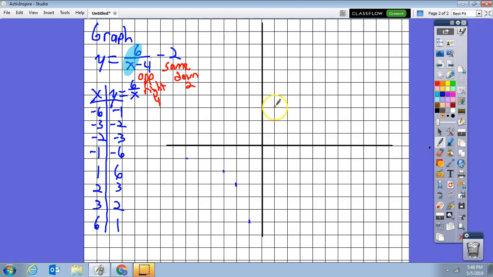And then on this other side you have (1, 6) here, (2, 3), (3, 2), and (6, 1). If you were to take these points and move them right 4 and down 2, it would shift your entire graph over right 4 and down 2 spaces.